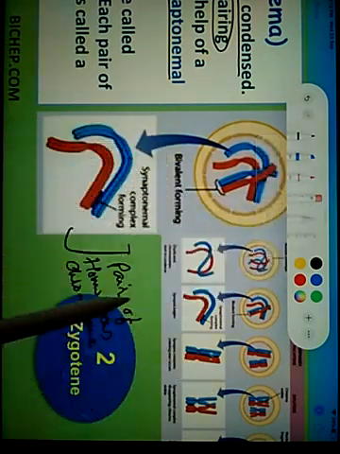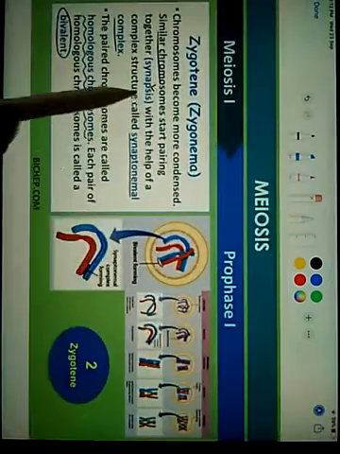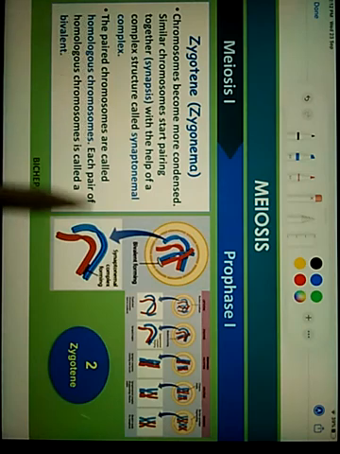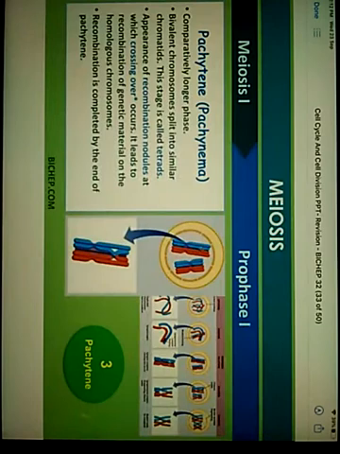Fine. So it is called pairing of homologous chromosome, which is happening during the zygotene phase. Please take a screenshot to make a further note. Now comes phase number 3, that is Pachytene.